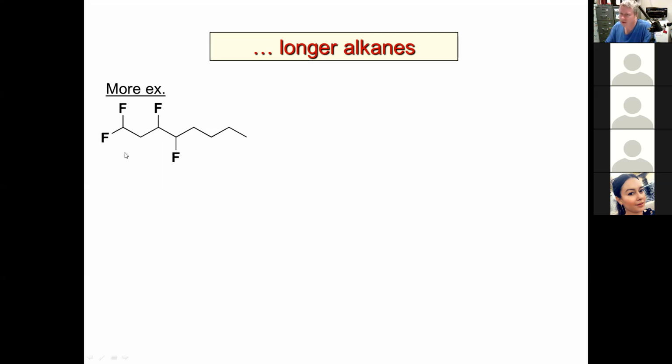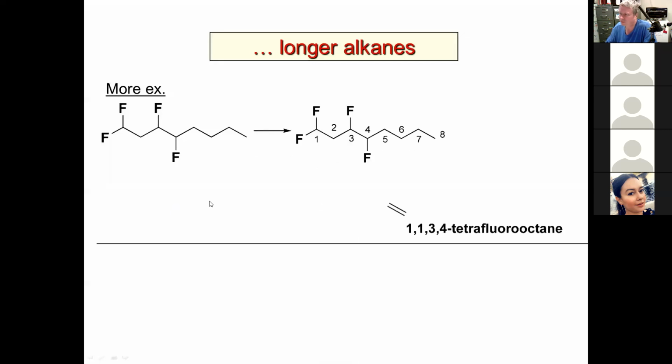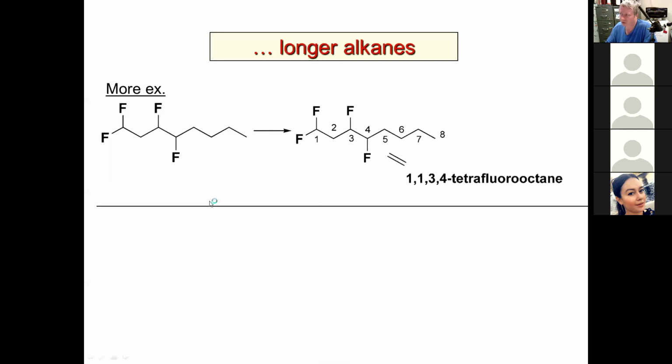I think it was created in Germany, and Germans love efficiency. And so it's going to be 1,1,3,4-tetrafluoro. We just name all the fluorines as tetrafluoro. There's our numbering. 1,1,3,4-tetrafluorooctane. Okay.